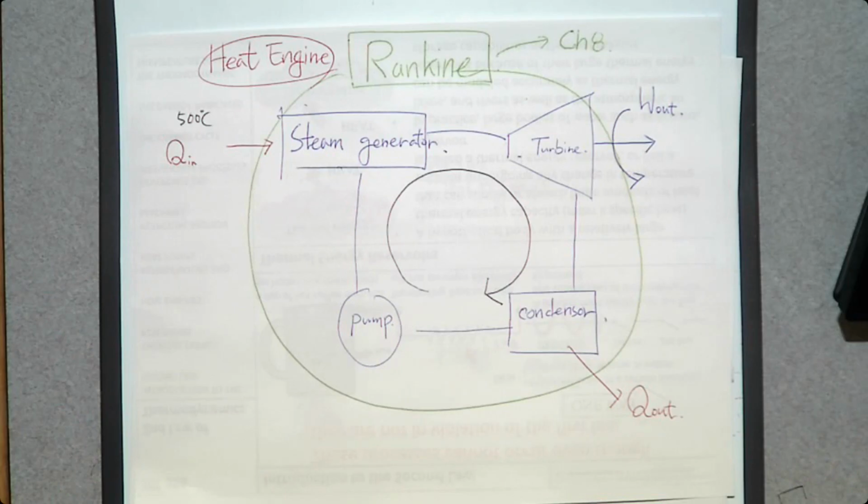What about if we don't have enough fuel? The temperature of the source is going to decrease from 500 to 400, 300, and at some point, this power plant is going to stop, right? So to have a steady state operation, we need to provide heat at a constant temperature.